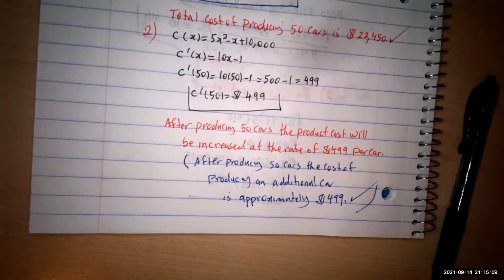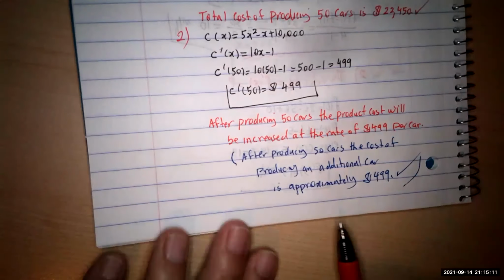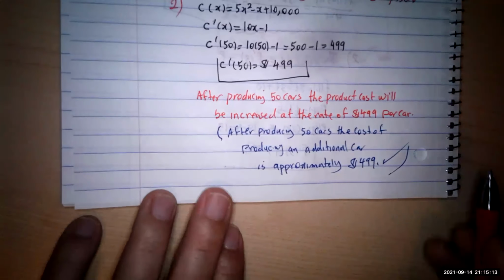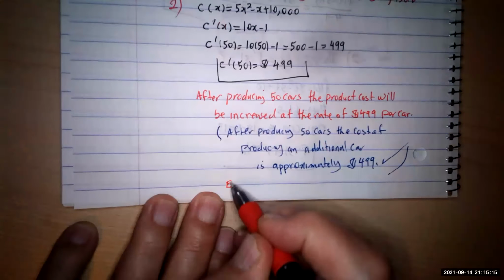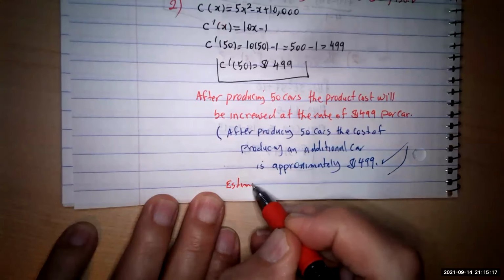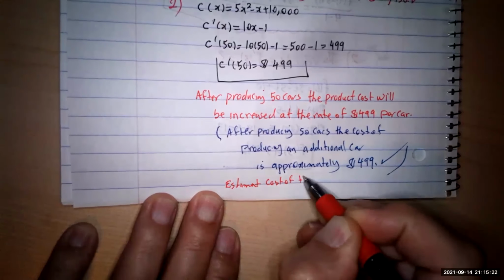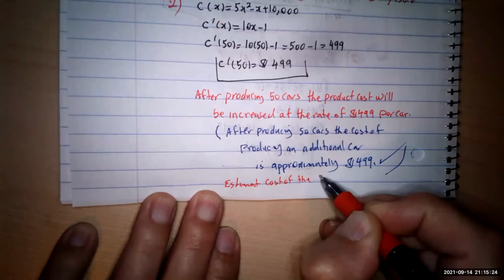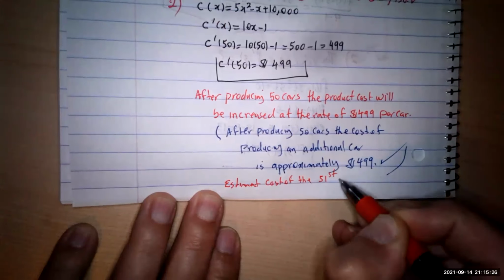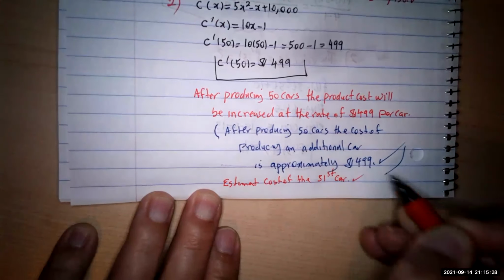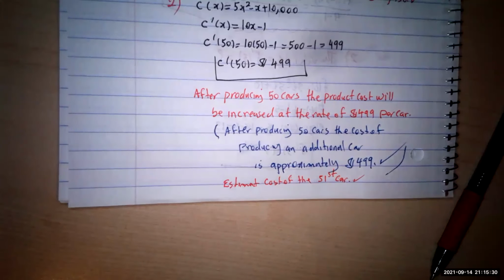You see, my question is this one. This is just for your information: the estimate cost of the 51st car. The 51st car costs approximately $499.